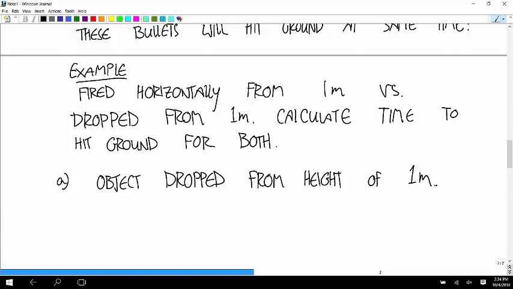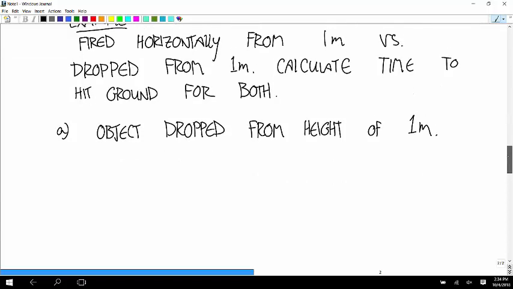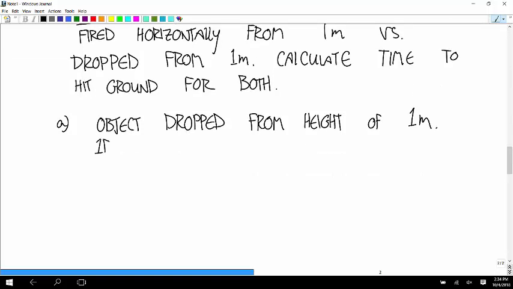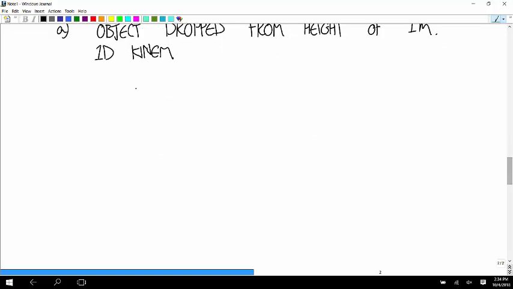This is a problem that we did in 1D kinematics. So let's just do this as a 1D kinematics problem. Say that this is 1 meter.